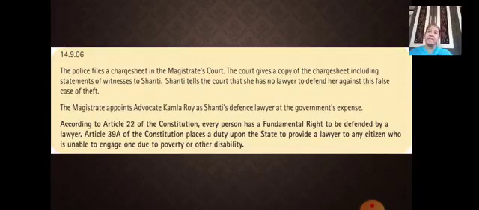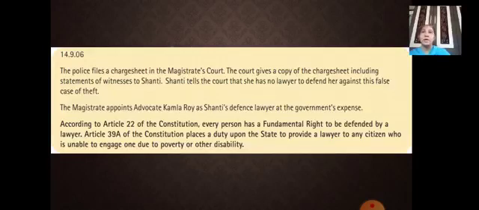See why this case has been given to you, to make you understand. If a person is not able to hire a lawyer, then the magistrate has to give an advocate to defend that person. The lawyer will be given to them at the government's expense.